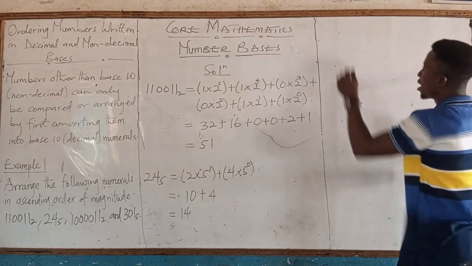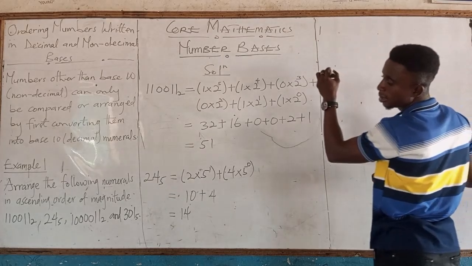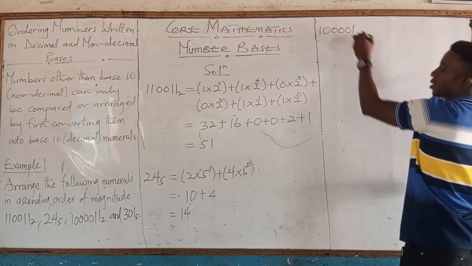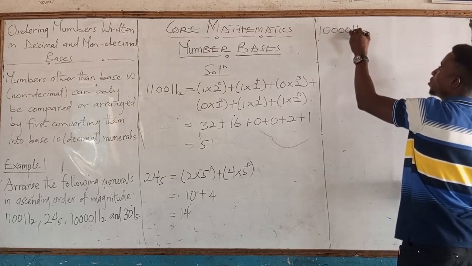And the next one is 1, 0, 0, 0, 0, 1, 1 base 2.